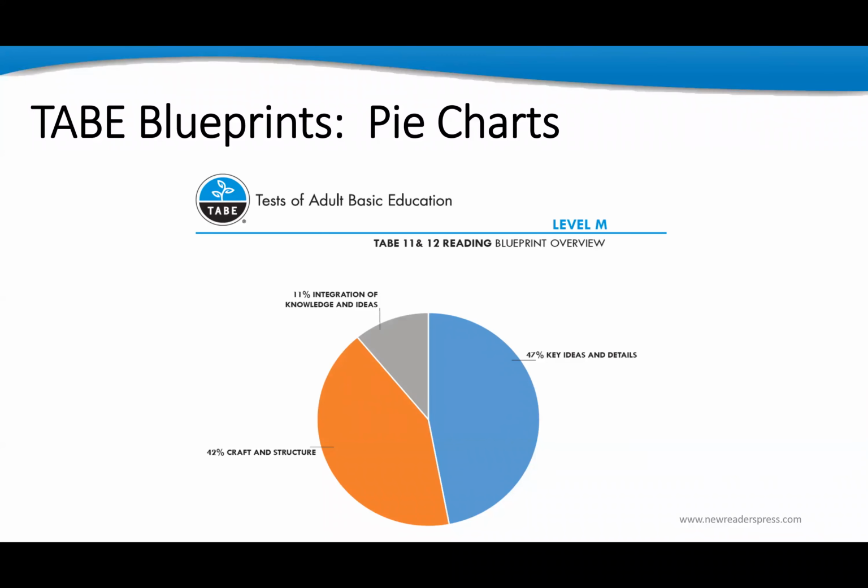Many of you are hopefully familiar at this point with the TABE blueprints. They consist of pie charts, which provide an overview of how the test is broken down by key domain and by percentage covered. This is an example of the M-level reading content. As you can see, this is broken down into integration of ideas and knowledge at 11%, key ideas and details at 47%, and craft and structure at 42%.